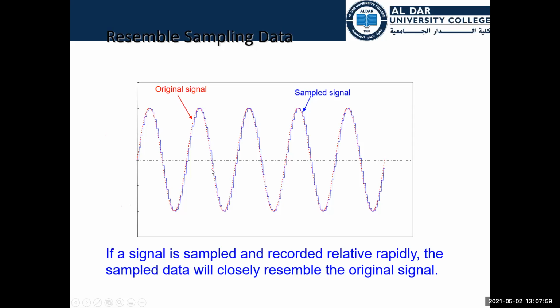The sampled signal is very near to the original because we are sampling at a frequency near to the original frequency. If a signal is sampled and recorded relatively rapidly, the sampled data will closely resemble the original signal. That is the objective of sampling: to copy the original signal in a discrete space.